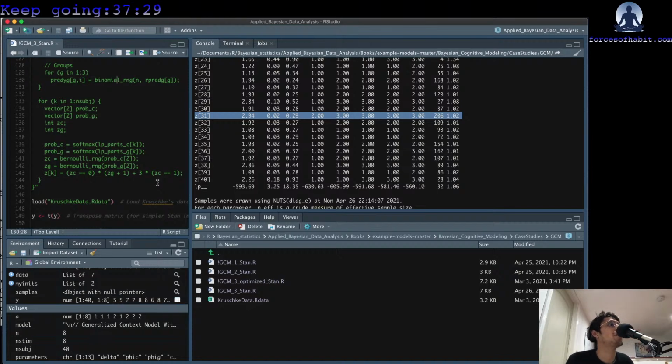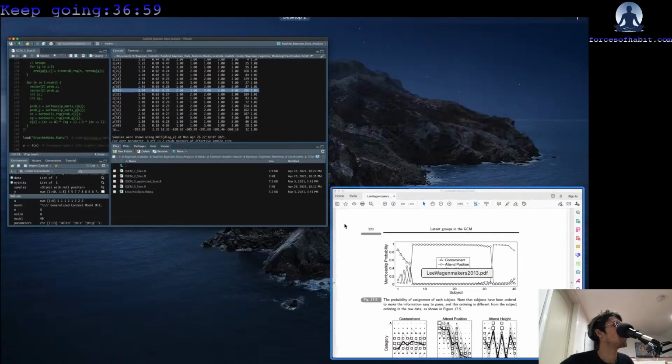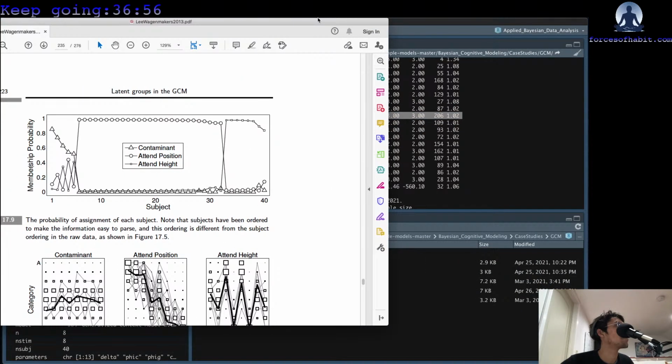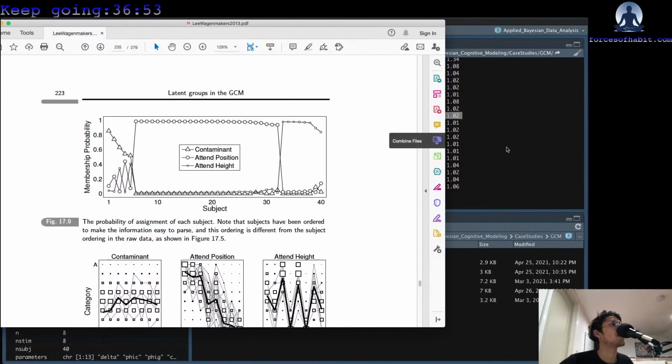So encoded in all these Z's then are the 3's. I think there's 3 groupings encoded in the Z's here. And that's how they extract this.